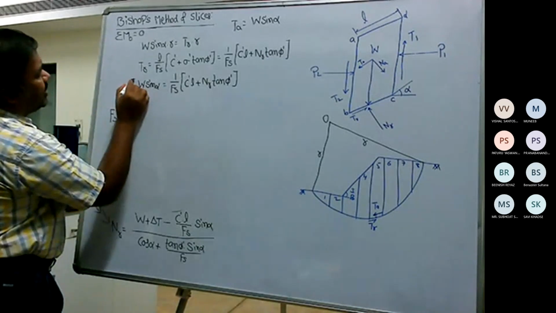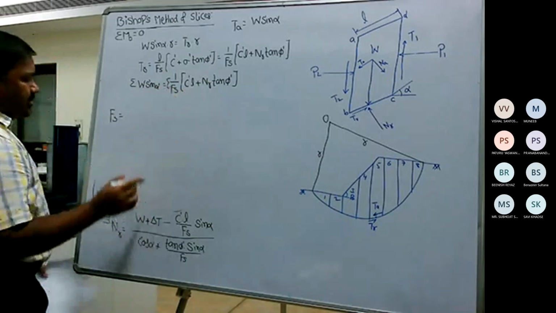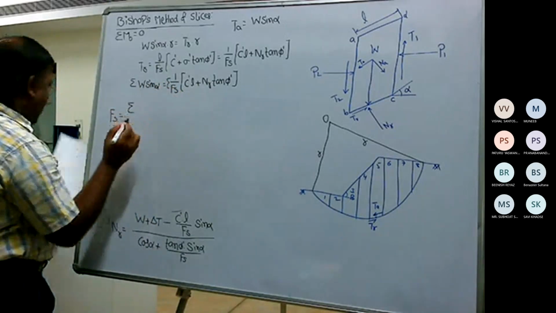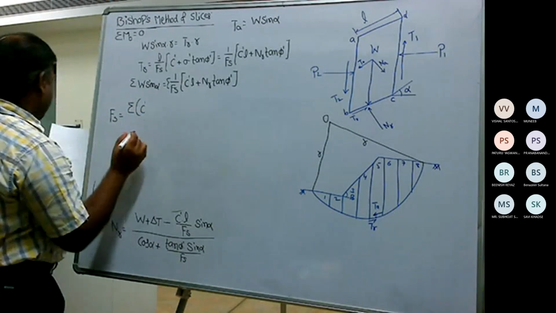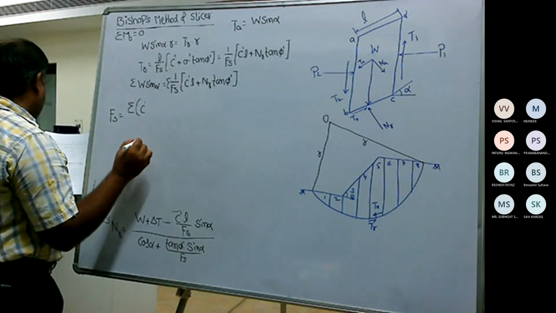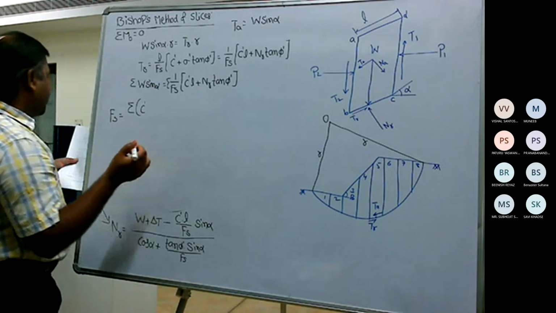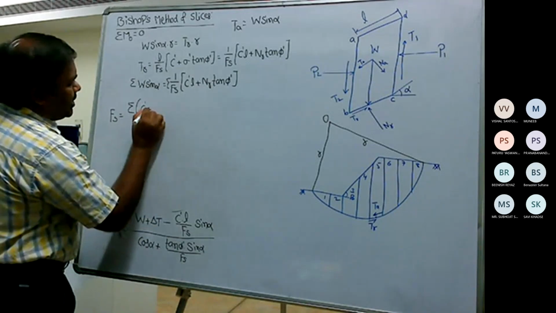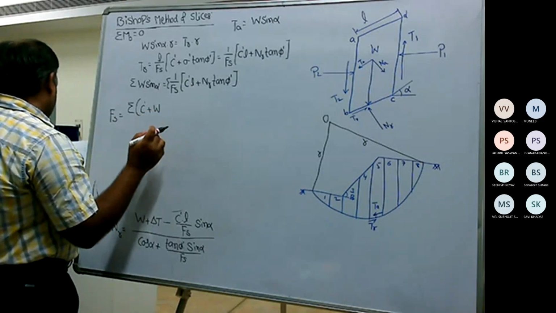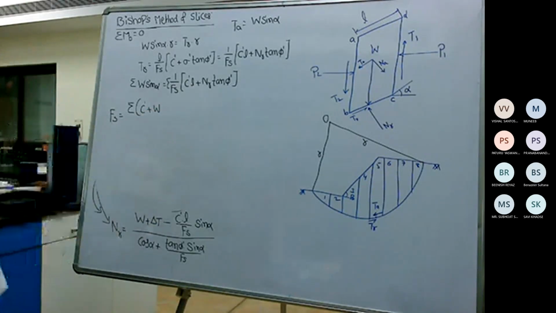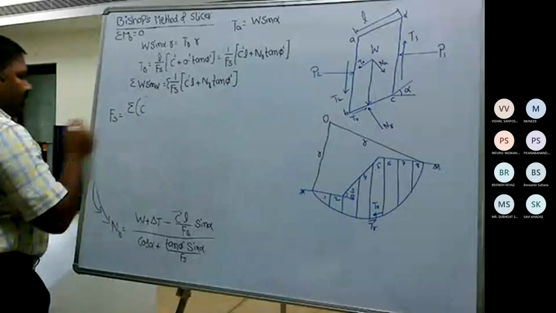So here we can write summation of all the elements. So summation of C dash plus W. Then they made a small further assumption that I will explain.